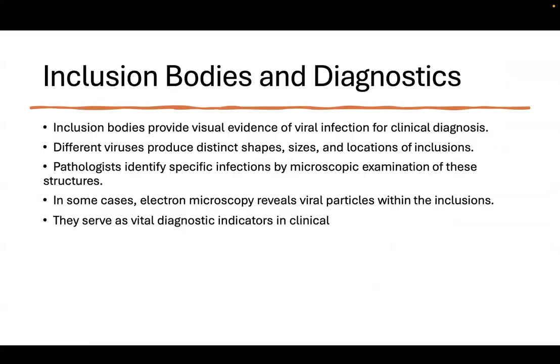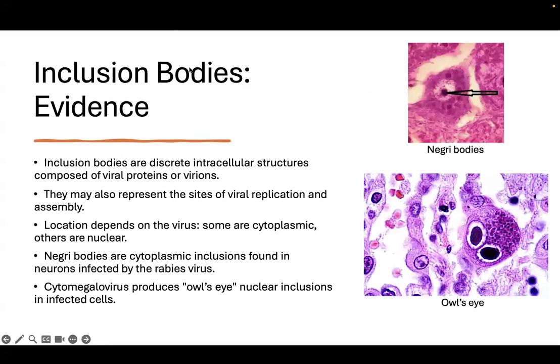So these inclusion bodies can be very useful for doctors because they can help a lot in diagnostics. Because sometimes we know that someone is infected with a virus, but we don't know what virus it is. So by looking at the cells, if you take a bit of a biopsy and look at what's happening in there, you can sometimes see what virus is replicating by looking at the inclusion bodies, because every inclusion body for every virus is different.